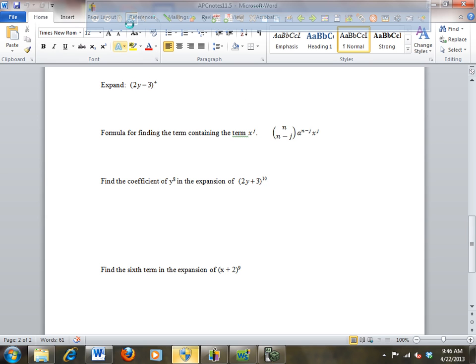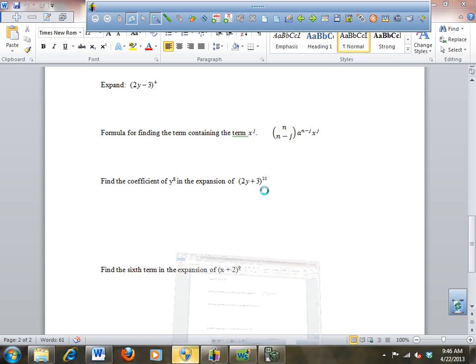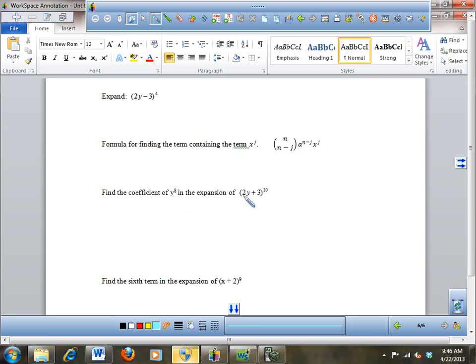Using this formula, it's really not that bad. Find the coefficient of y to the 8th. In this case, j is 8, because the formula finds the term containing x to the j, and in this case, x is y.